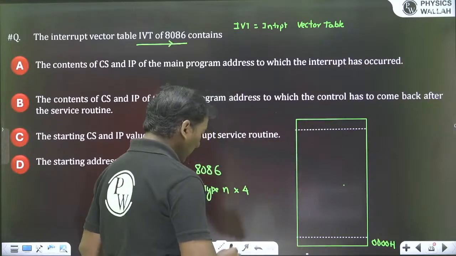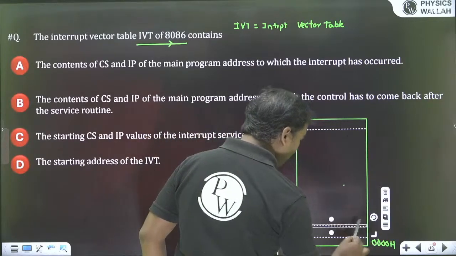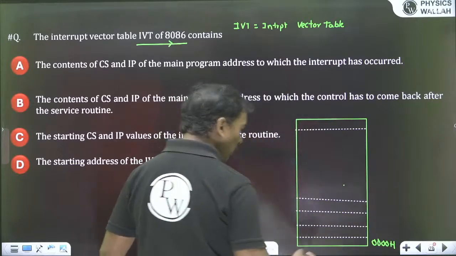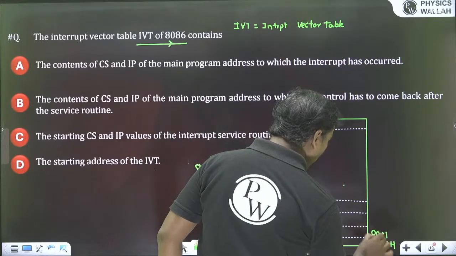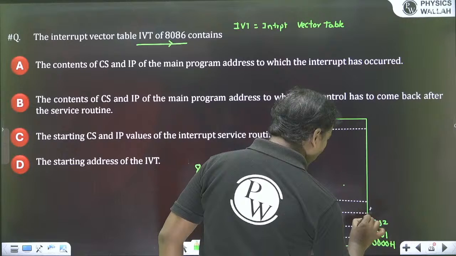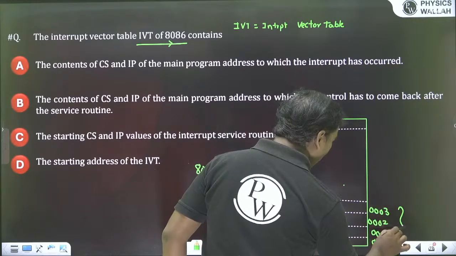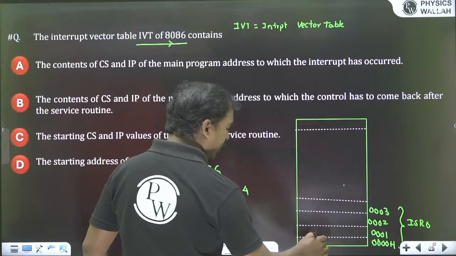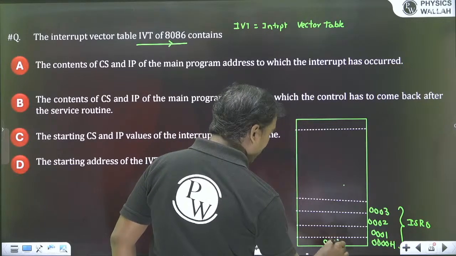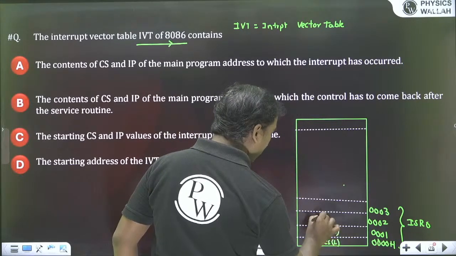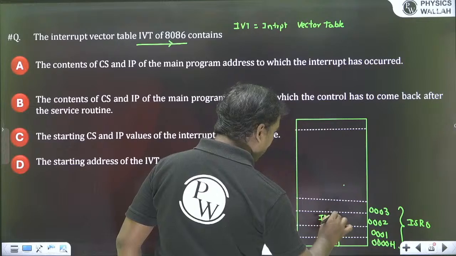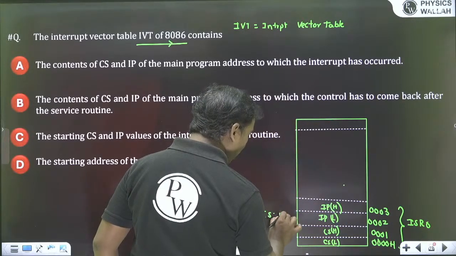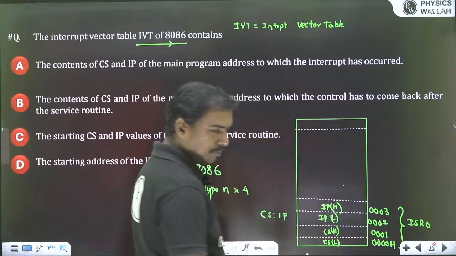So the first 4 memory locations, 000, 001, 002, 003, will go for ISR 0. This is the CS low, this is the CS high, this is the instruction pointer low, and this is the instruction pointer high. So in total, CS colon IP comes to 4 locations.